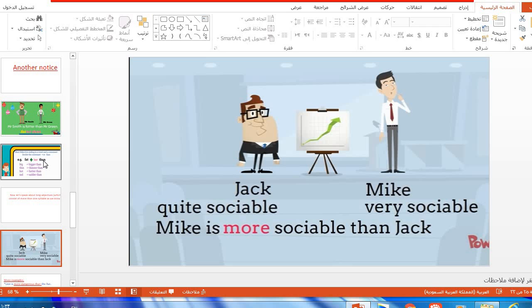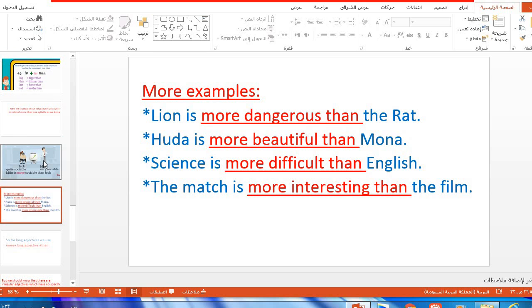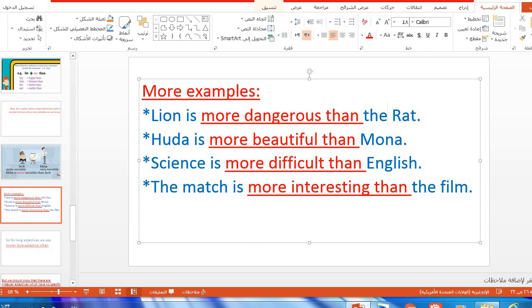Look, Jack is quite sociable. Mike is very sociable. So we can say Mike is more sociable than Jack. More examples. Lion is more dangerous than rat. Huda is more beautiful than Mona.